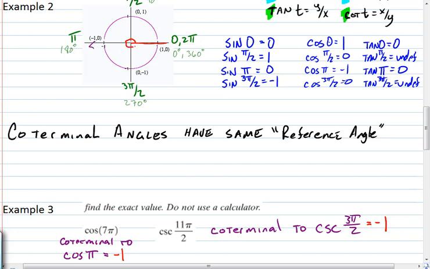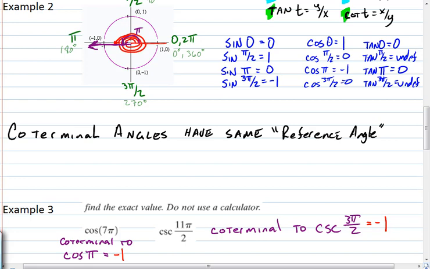And then you go around, there's 2 pi, 3 pi, 4 pi, 5 pi, 6 pi, 7 pi stops right here. Well, that angle is coterminal then to this angle right here, which measures pi radians. So that's why I said cosine 7 pi is coterminal to cosine pi.